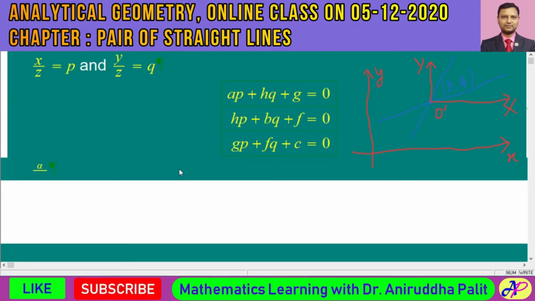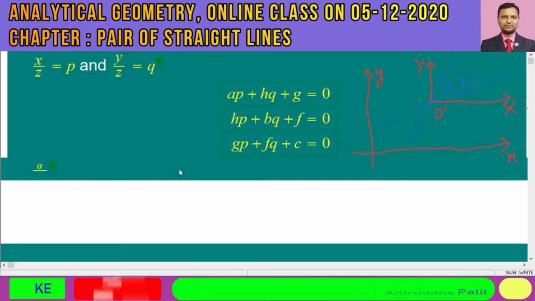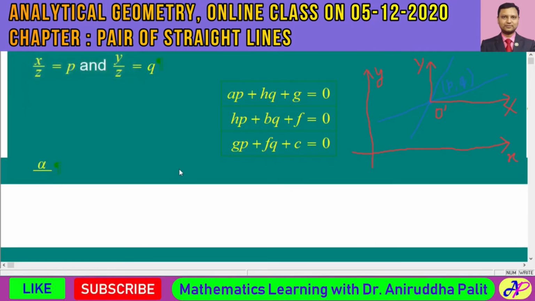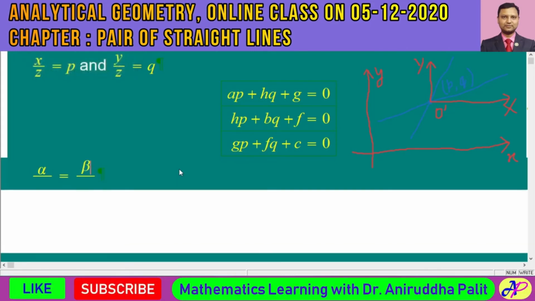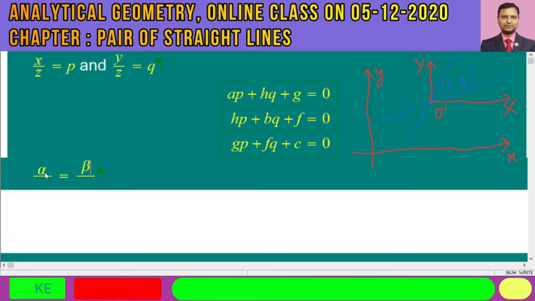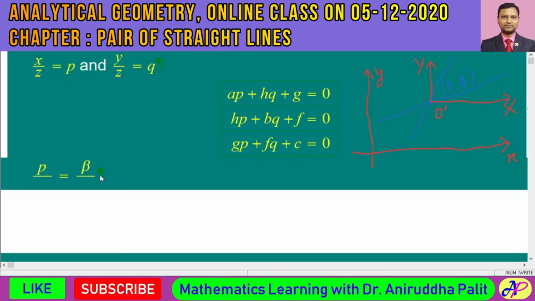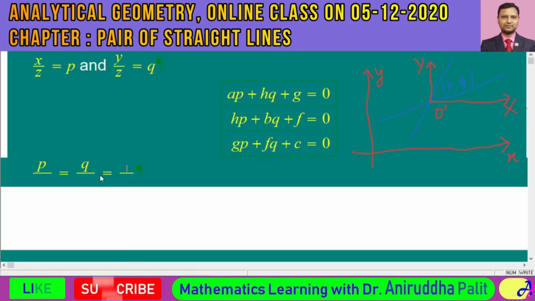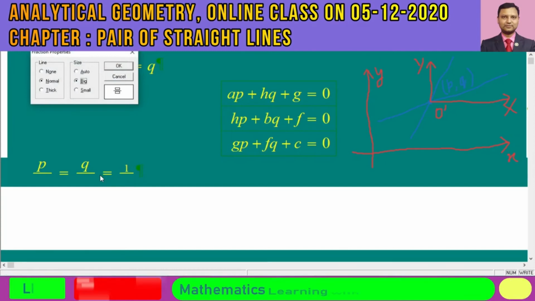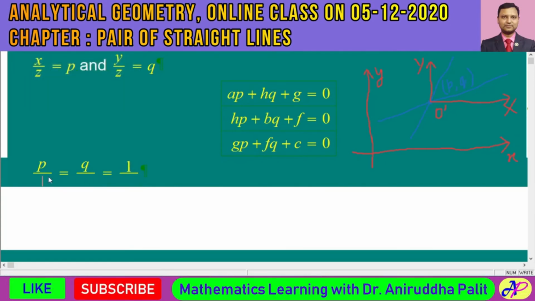Then what we have, alpha, and over here we shall have beta. Oh, not alpha beta, we are writing in terms of p and q. Okay, no problem. So p, q, and some constant term, some 1. Now we need to compute the denominators.